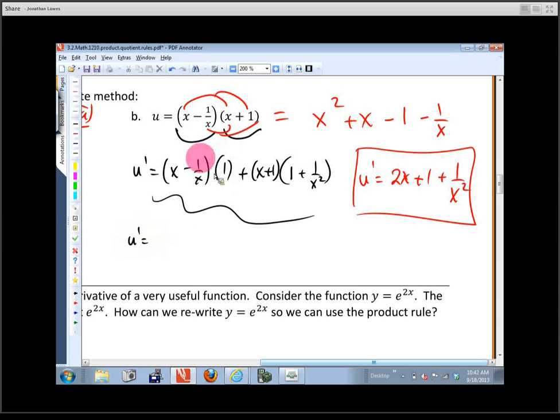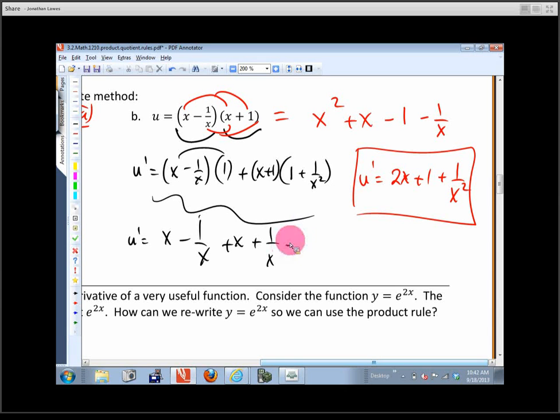Watch what happens. Distribute through x, 1 over x. This one would be x, and this would be plus 1 over x squared. Whoops, that's just 1 over x, isn't it? Yep. Let's see, we got that. Yep, doing here.